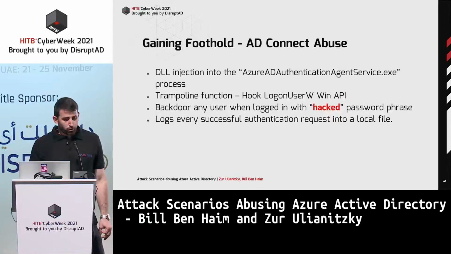We're going to hook the LogonUserW Win API using a trampoline function, and we will backdoor any user that will try to log in with the ACT password phrase. In addition, we're going to log every successful authentication request into a local file. This might help us if a real user tries to authenticate to the tenant. We can harvest his credentials in order to perform additional lateral movement in the on-prem environment. So let's see it in action.